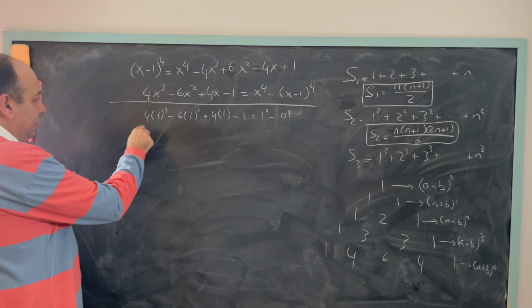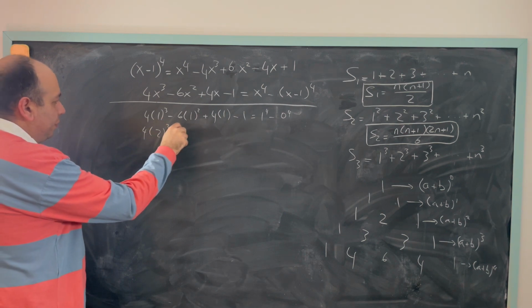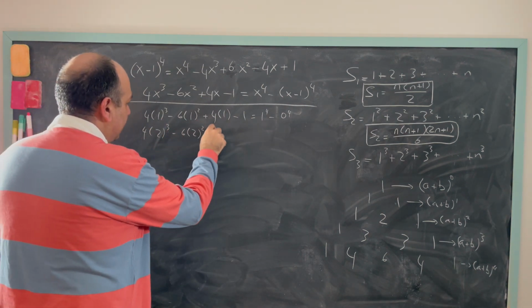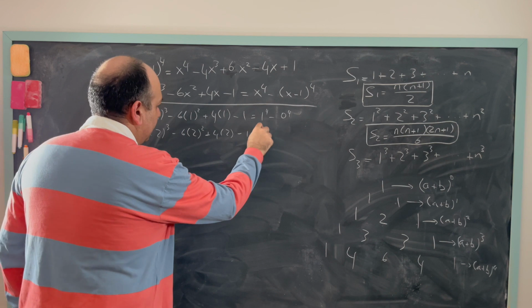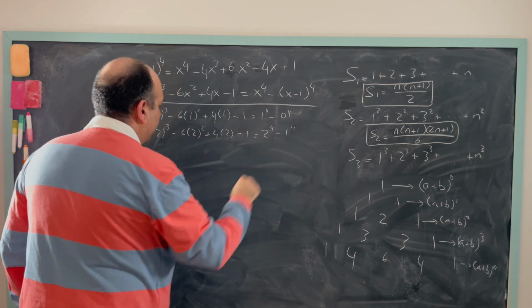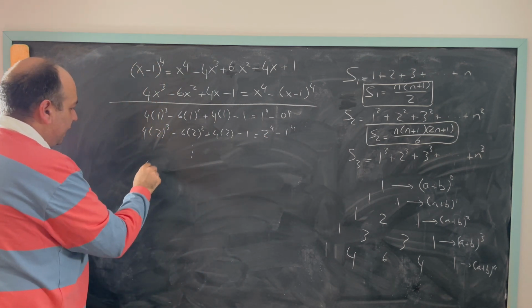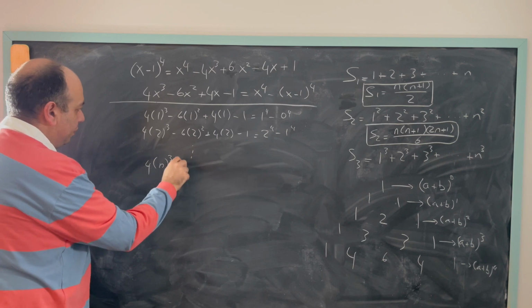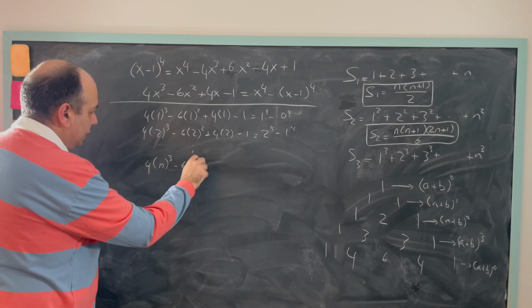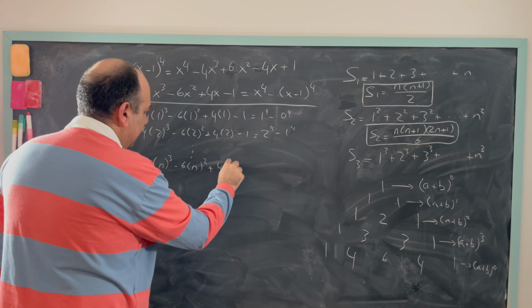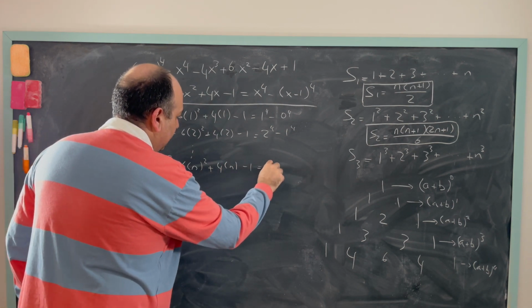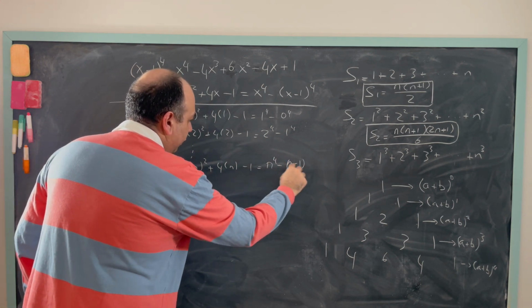Okay? So same idea, 2 cubed minus 6 times 2 squared plus 4 times 2 minus 1, 2 to the 4 minus 1 to the 4. So for the n term, n cubed minus 6 n squared plus 4 times n minus 1 is equal to n to the 4th minus n minus 1 to the 4th.